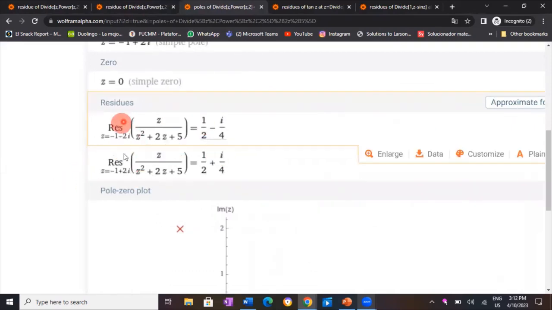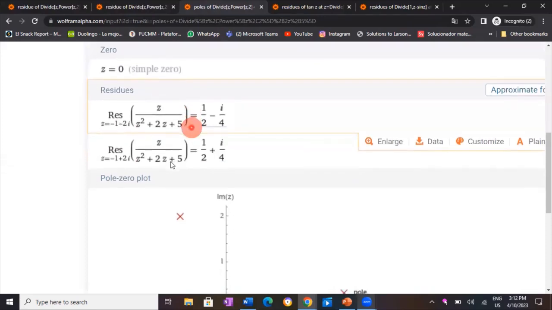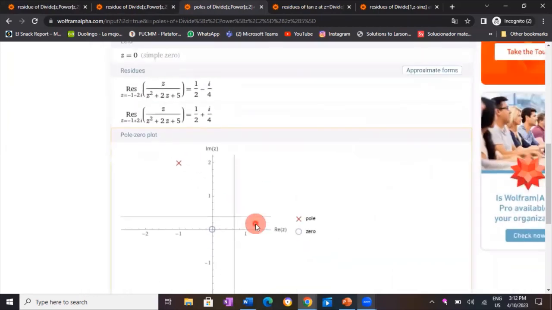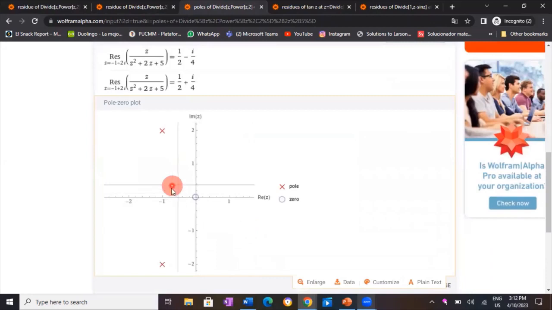They will tell us what it is. And right here, they will also give us the graphic, as we saw before. Remember what we were discussing earlier, that we symbolize the 0 with this little circle and the poles with the little x. So we find that this is the pole, sorry, the 0, and this is the pole.